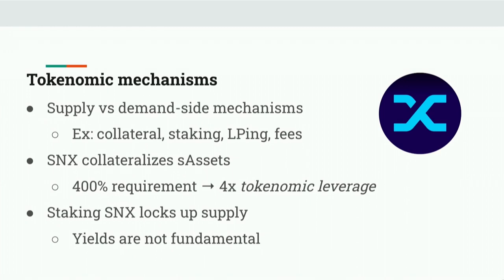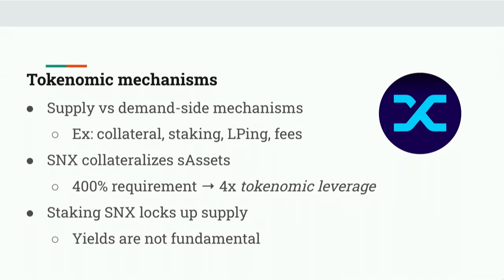So there is some essential demand for SNX tokens. And that collateralization is an example of a demand-side mechanism because you're magnifying the demand for your token based on the utility of your token inside of that protocol.